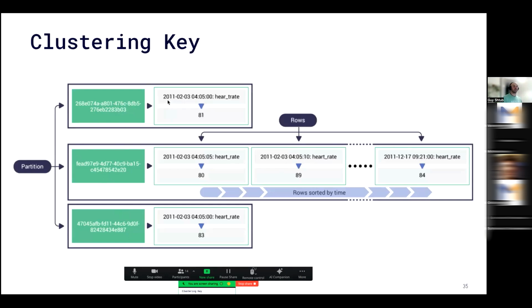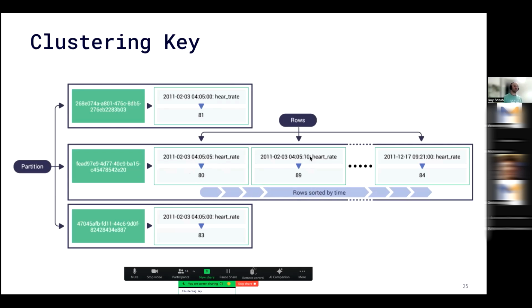So we have time and the heart rate key value pairs. Now, when we added another value, we simply overwrote the previous one. However, when we add clustering keys, then we can have more than one value for a given PetChip ID. And these values will be sorted according to the clustering key. Okay, so here they're sorted according to the time.